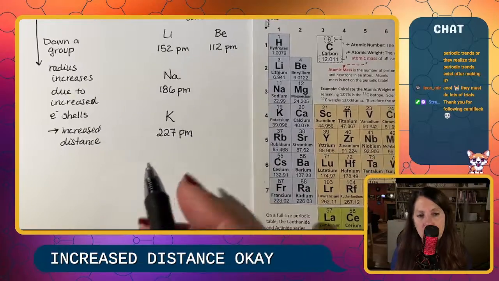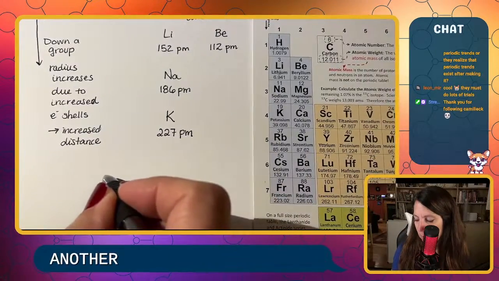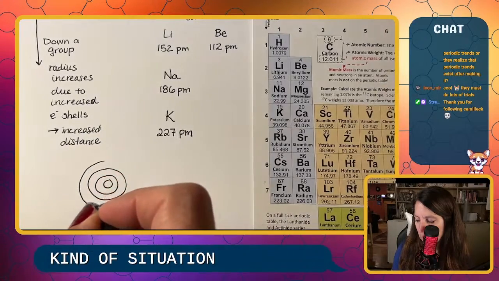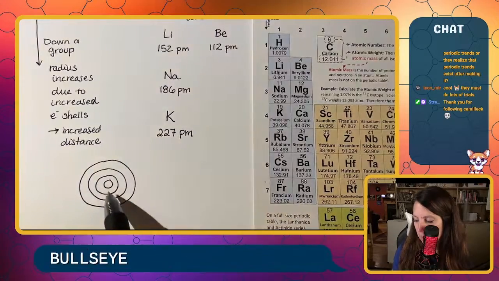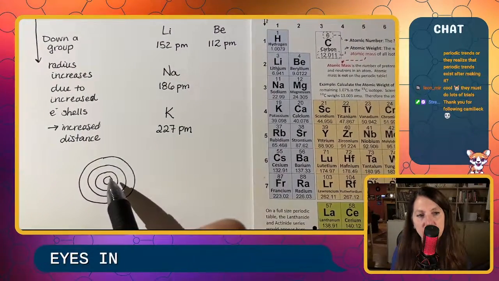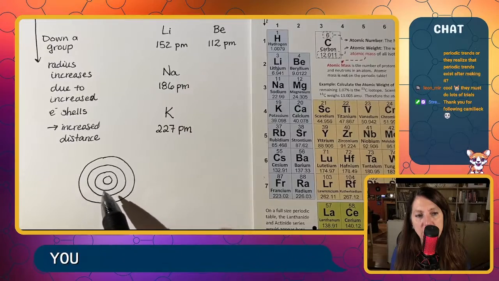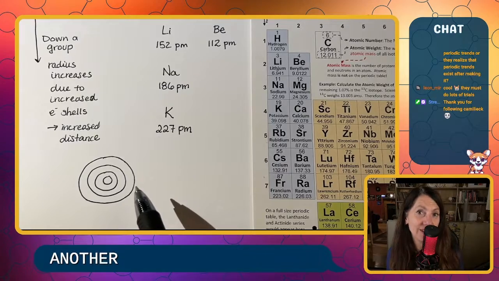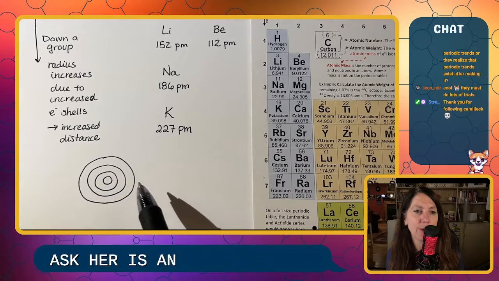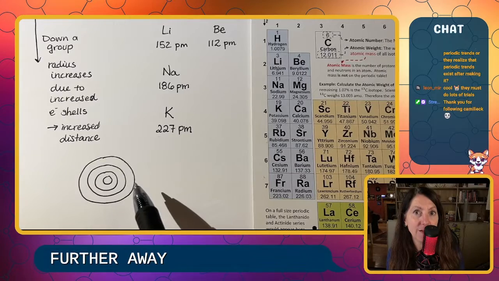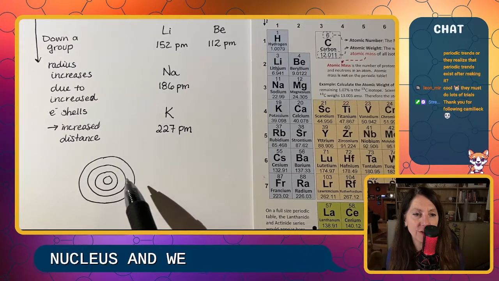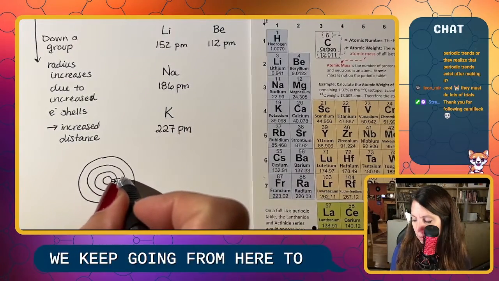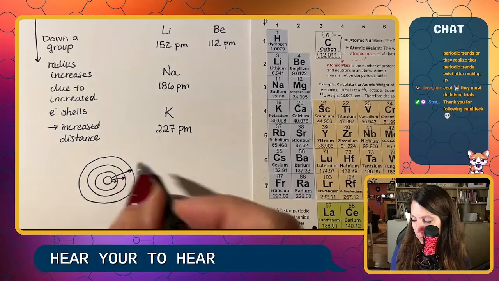Okay, so every time we are adding another shell, we have this kind of situation, kind of like a bullseye, right? Where a bullseye is in the center, and as you create each additional ring, rings of an onion is another analogy here, as there's another ring, we are getting further and further away from the nucleus, and we are increasing this distance as we keep going from here to here, here to here, here to here.